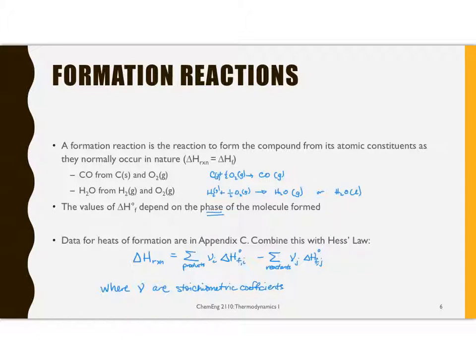This is where you see that depending on what my stoichiometric coefficients are, that's why as I write a reaction in a different way, I will get a different answer. Now if my delta H formation data is at 298 Kelvin from my book, then this will give me heats of reaction at 298.